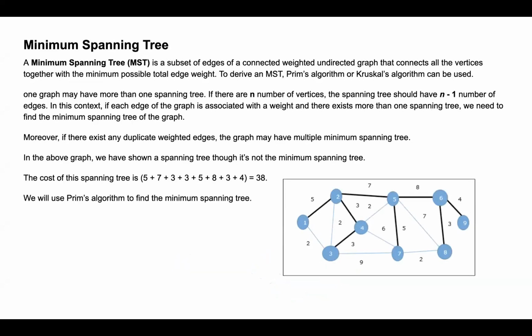Then the minimum spanning tree deals with weighted graphs. Weights are given, and the total cost of the spanning tree should be minimum. We call it the minimum cost spanning tree.